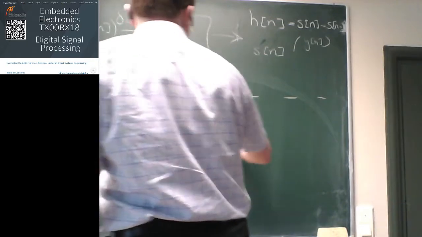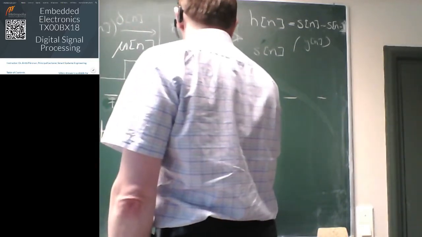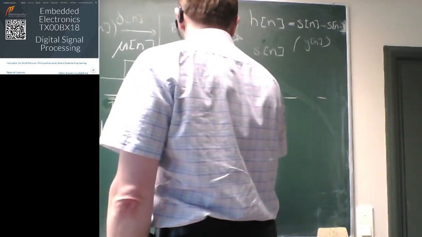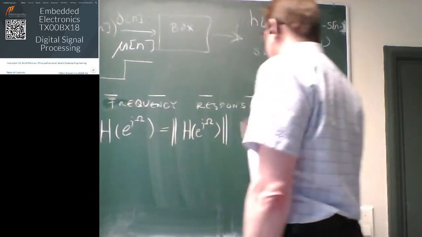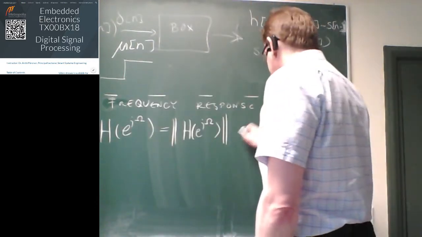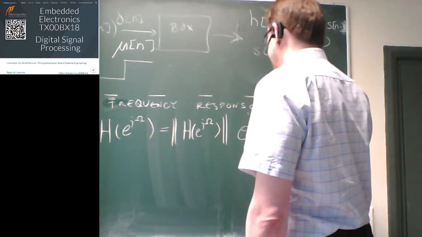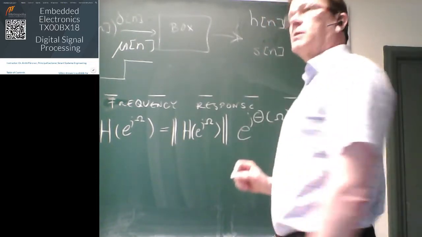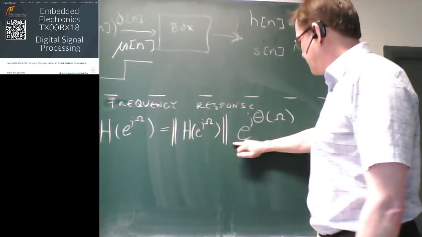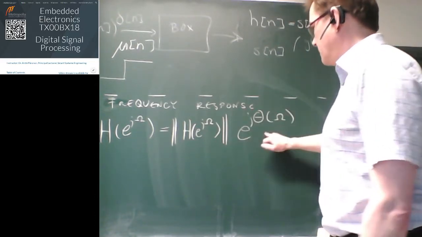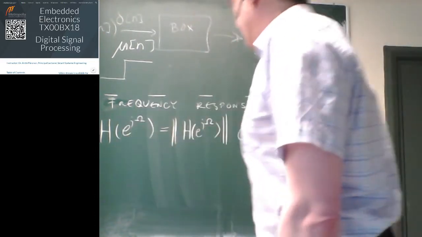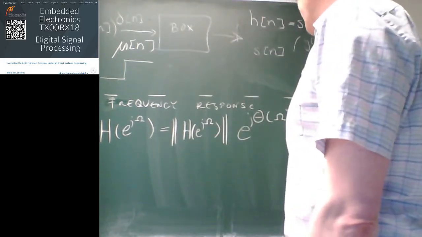The first one is the amplitude response, which is just the absolute value of this. And then you have the phase response, as the phase shift value of that frequency response.